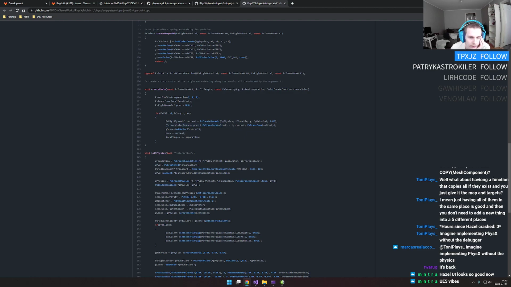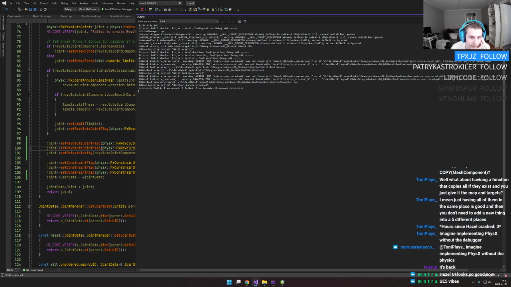And then they call this using either offset or T. So for the first chain they do T, for the other ones they do offset, and then a negative offset there. So offset for the parent, and negative offset for the child, which makes a lot of sense.